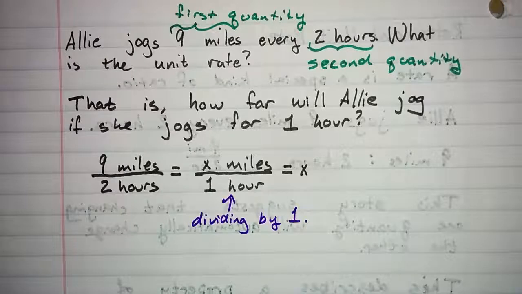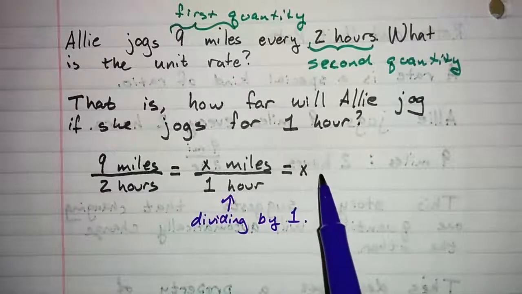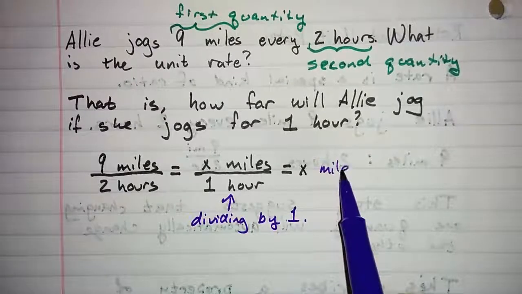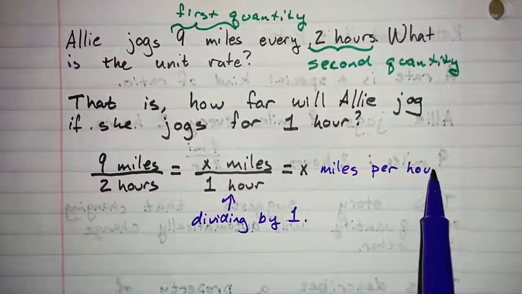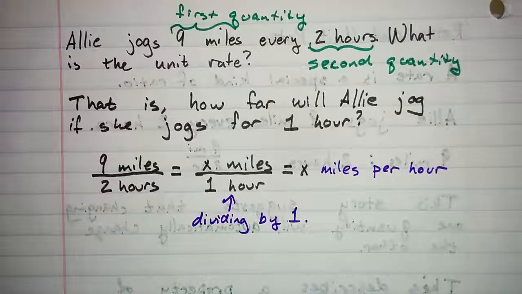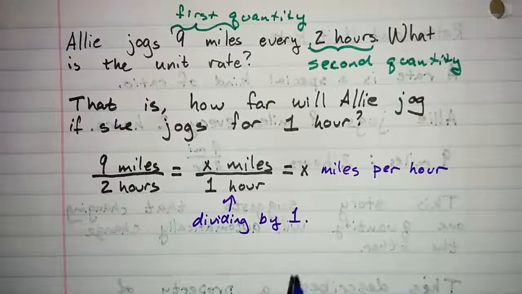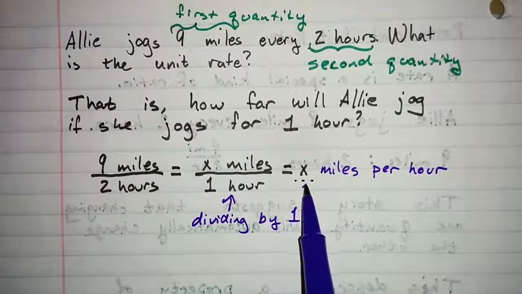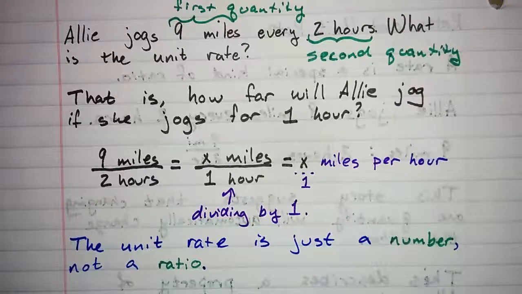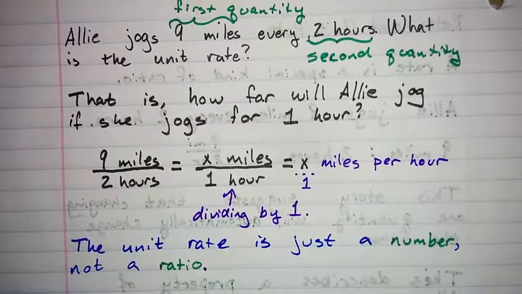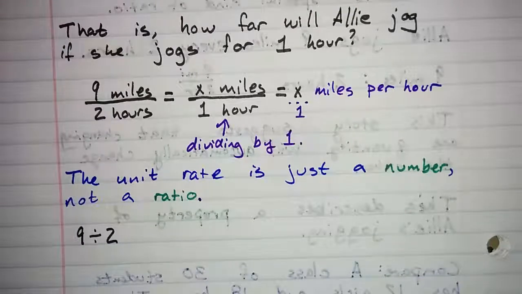What will the units of measure be? Miles per hour. I'm going to think of my unit rate as just a number, because it's always over 1. The unit rate is just a number, not a ratio. The 1 is implied, which means how will we figure out the unit rate? Well, we'll just do this division. 9 divided by 2.